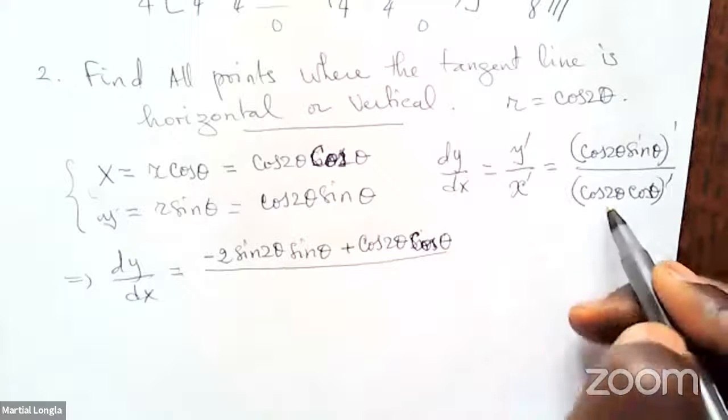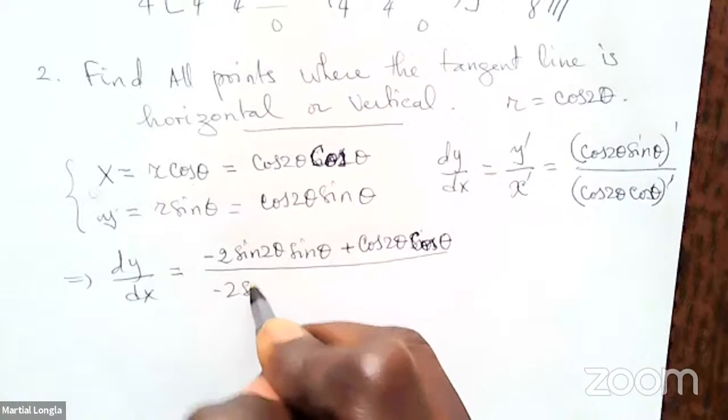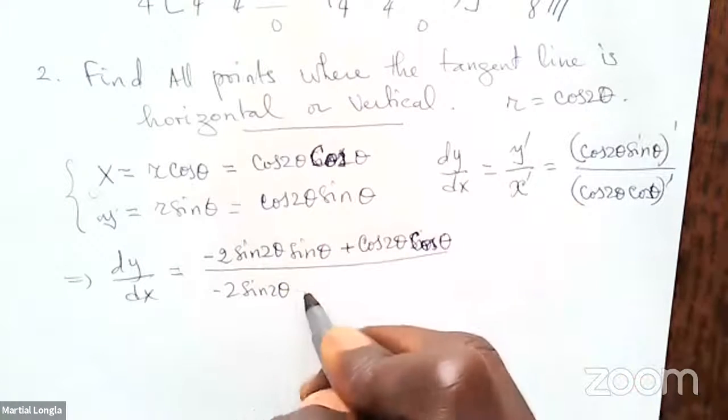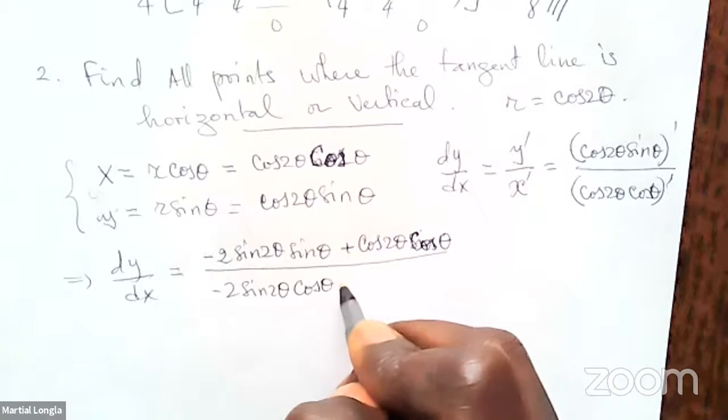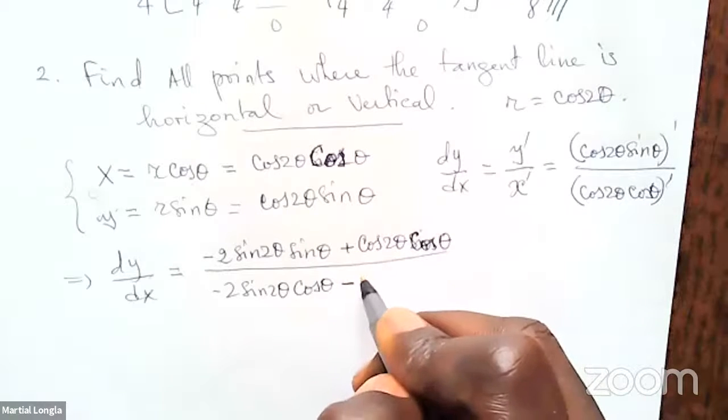Divided by the derivative of cosine here, it's -2 sine 2 theta times cosine theta. And the derivative of cosine is minus sine theta.